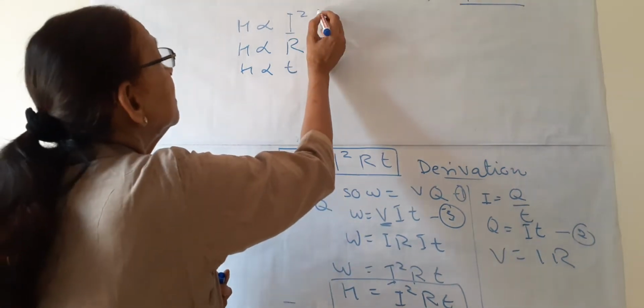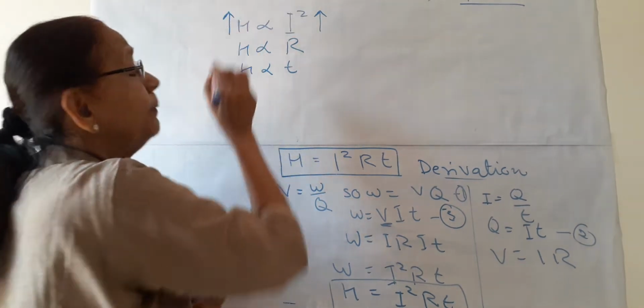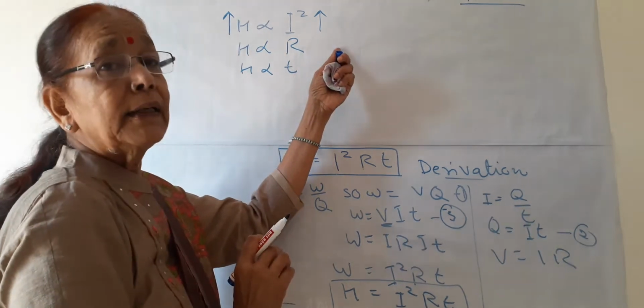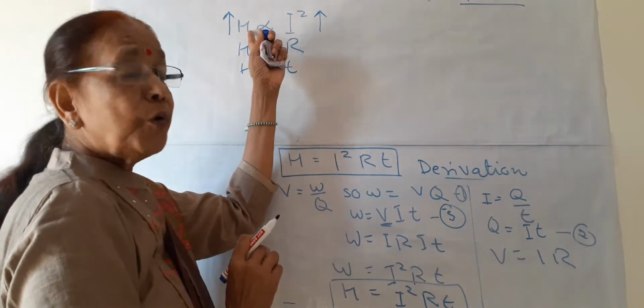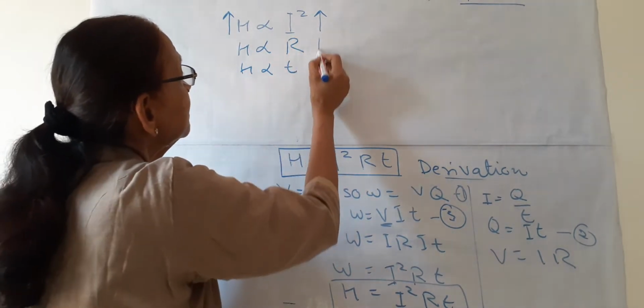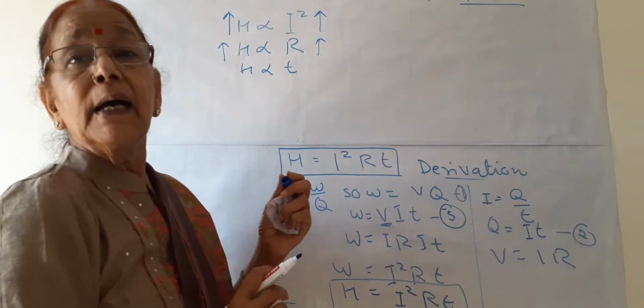Here we can say if current is high, then heat will be high. Heat energy will be more if more current is there. Suppose the current is 2, then it will be 4 because it is in square. If resistance is high, then also heat given is high.